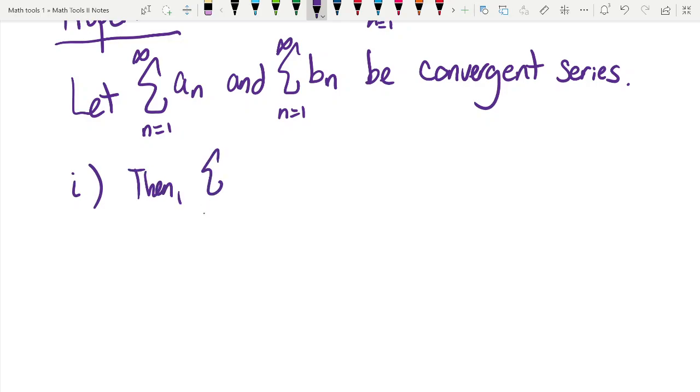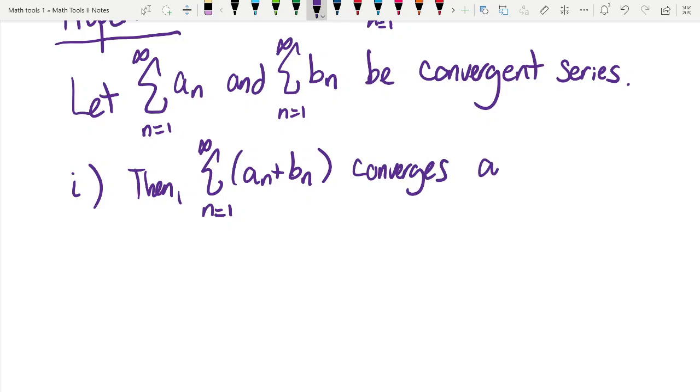Then the sum from n equals 1 to infinity of the sum of the terms of the sequences converges, and in particular, it's equal to the sum of the individual series.